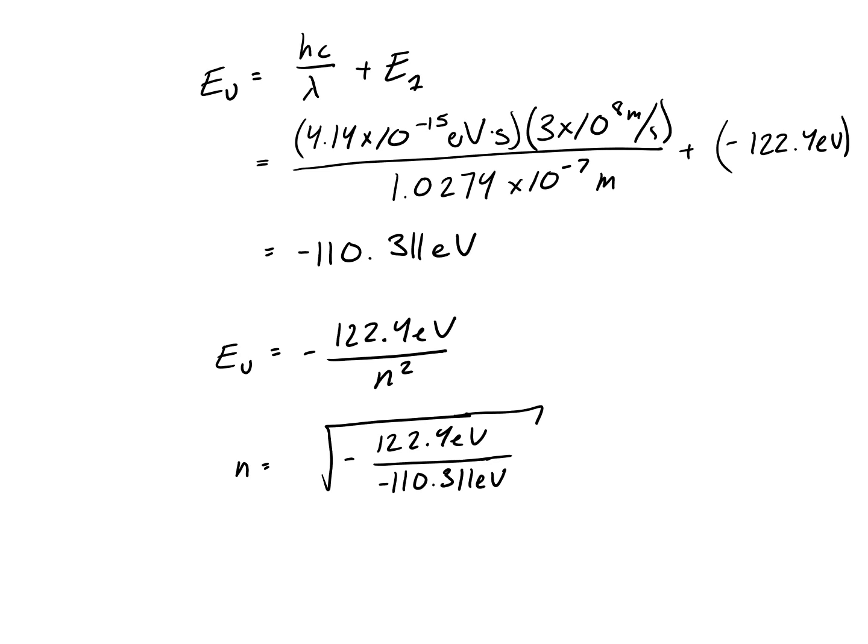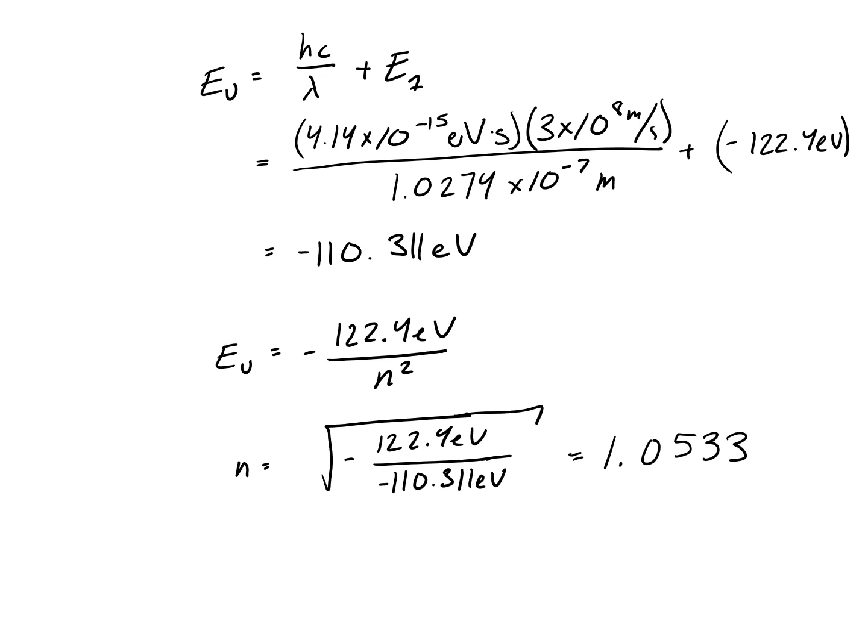I'm going to have to take the square root of that. And I found that my N value is 1.0533. It's unitless. This is not equal to a whole number.